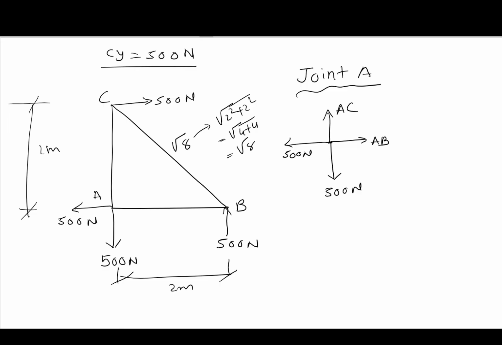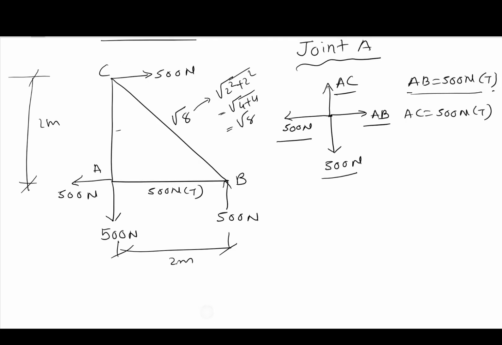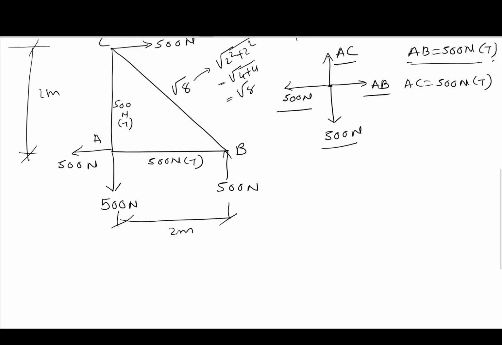Now when you have a cross here, it is easy to see that AB equals 500 Newton tension, because you can see these are opposite, so this is the first member force, and AC would be equal to 500 Newton, and that is positive, so that is in tension. So we find 2 member forces. This member force is 500 Newton in tension, and AC we just found is 500 Newton, also in tension.